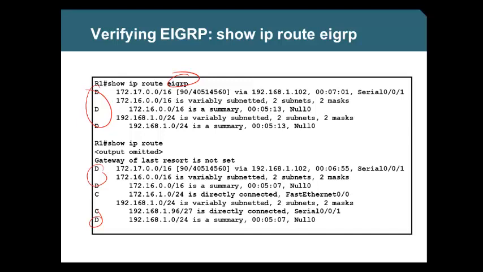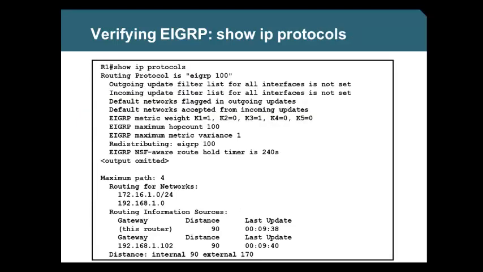So better not to use show ip route in such a scenario. It's not only for EIGRP, any protocol you troubleshoot, if you want to see only those routes learned through that protocol, you type show ip route ospf, show ip route bgp, show ip route static, show ip route eigrp, show ip route rip.